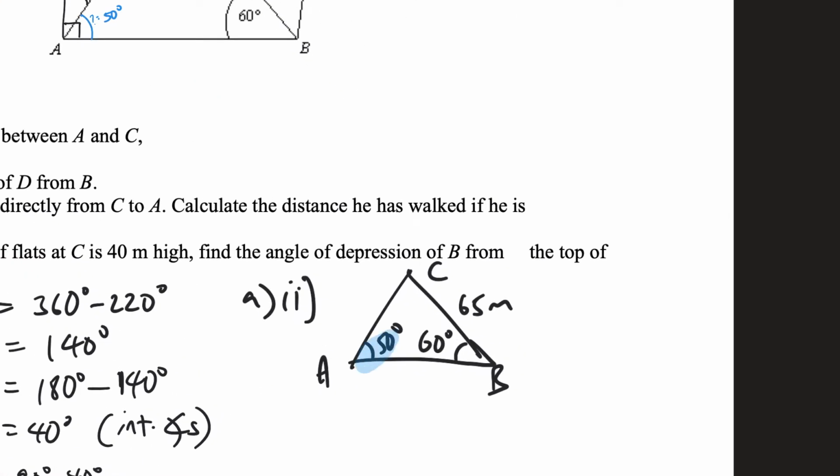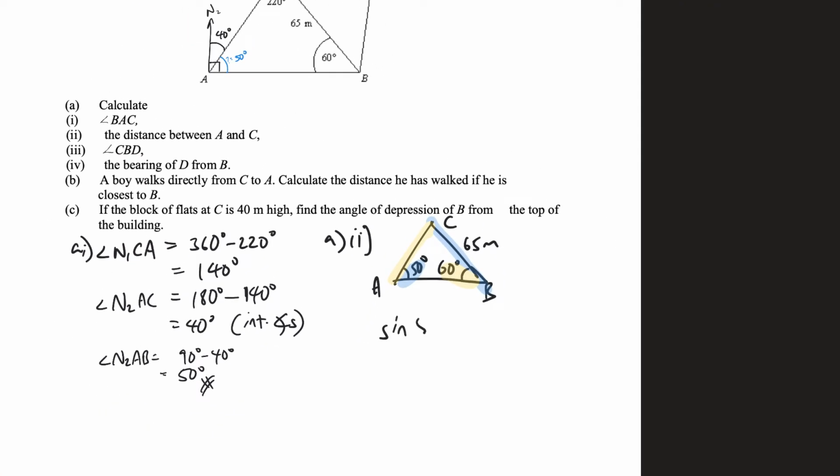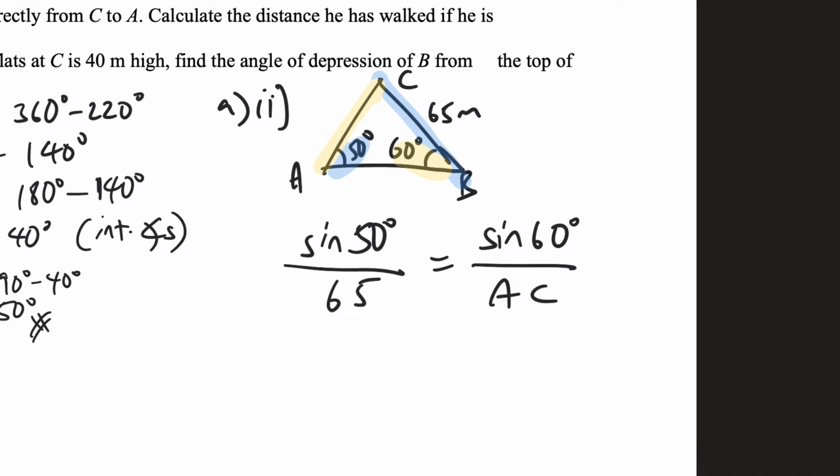So we can say this angle goes with this side, and this angle goes with this side. And so we can say that sine 50 over 65 equals sine 60 over AC. We cross multiply, and we see that AC times sine 50 equals 65 times sine 60.